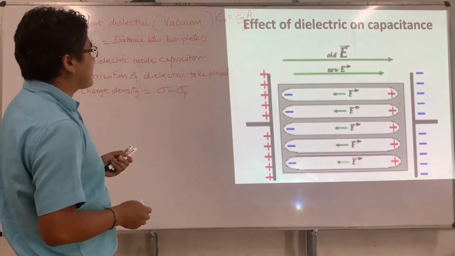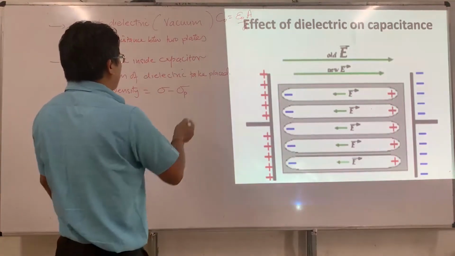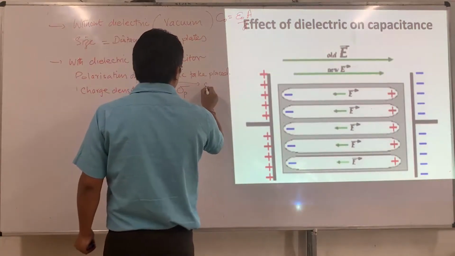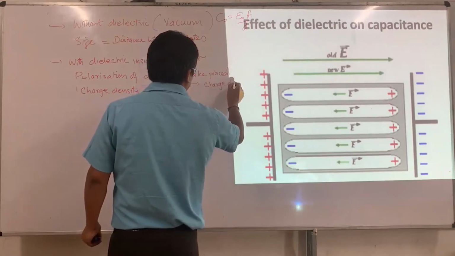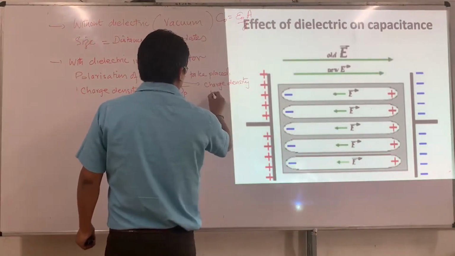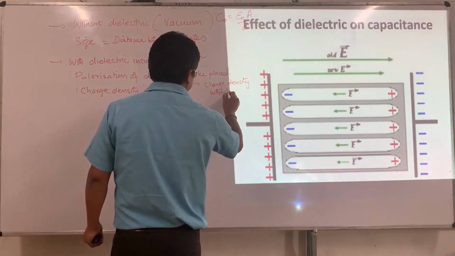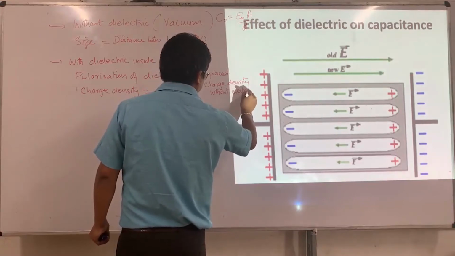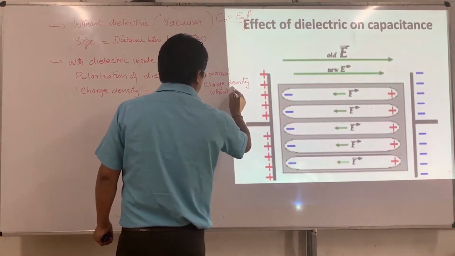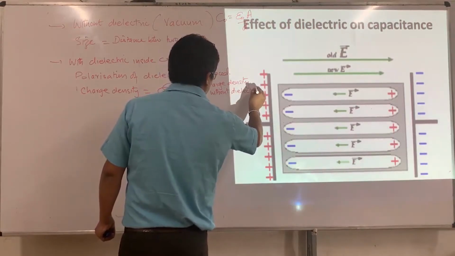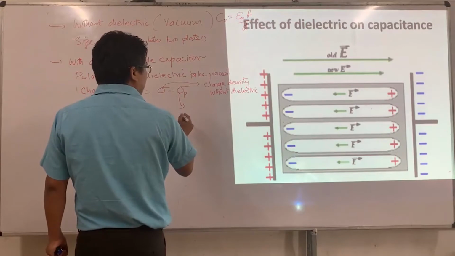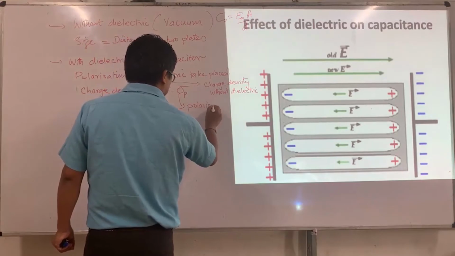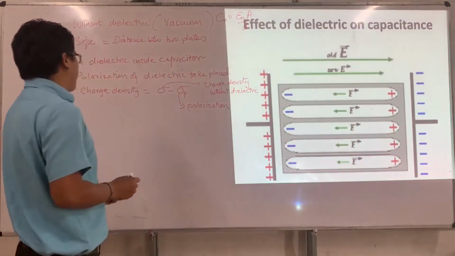Here sigma is the charge density without the dielectric, and sigma p is the charge density due to polarization.